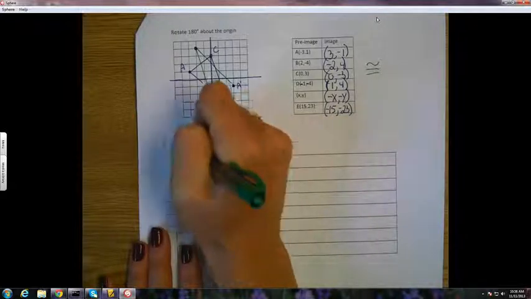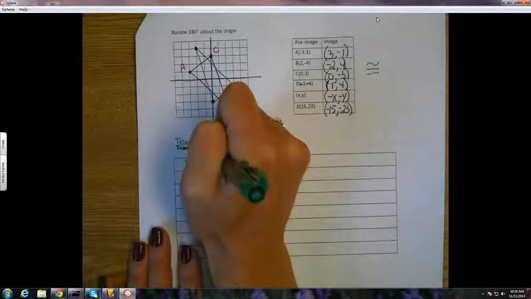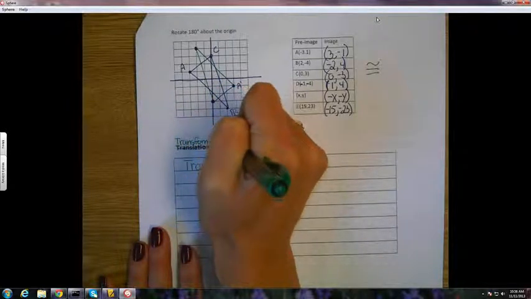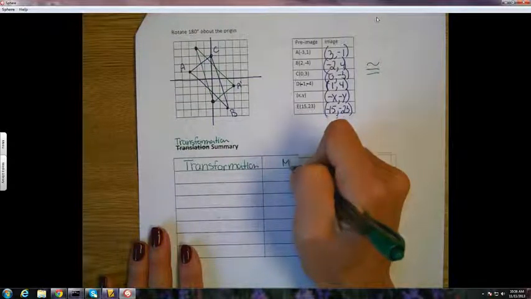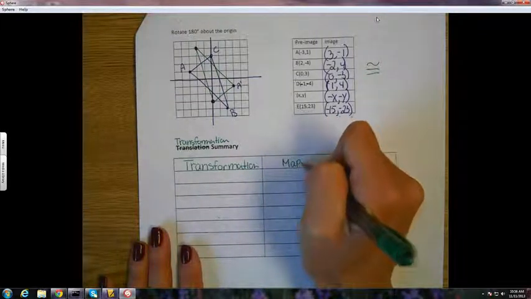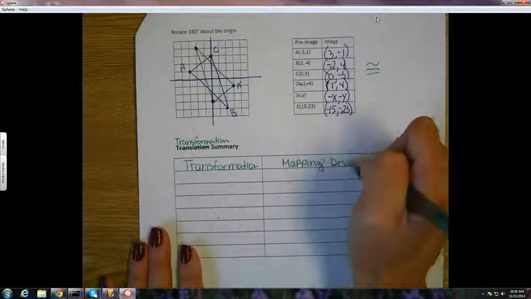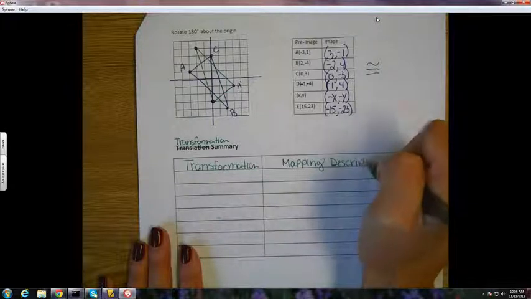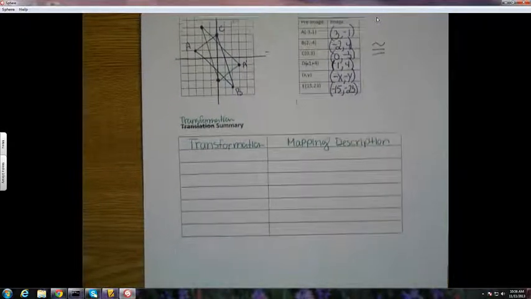This should say transformation summary, not translation. And then we're going to look at what's called a mapping description. And the little shortcuts that we wrote down are the mapping description.